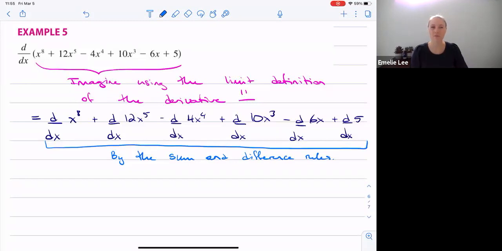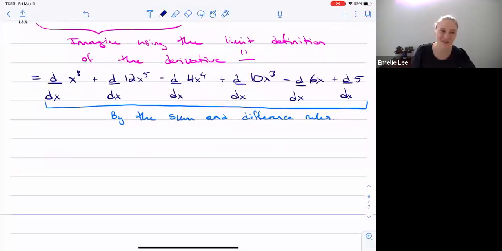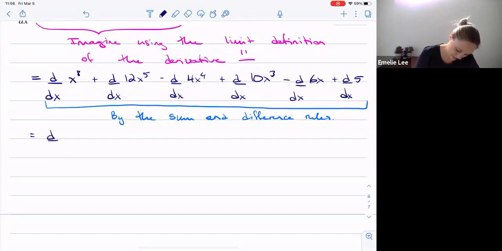Next thing I'm going to do is bump those constants outside. So I'm doing these really nice and slow. Painfully slow, some might say. The first one doesn't have a constant, so I'm just going to rewrite d/dx of x to the power of 8 plus 12 d/dx.